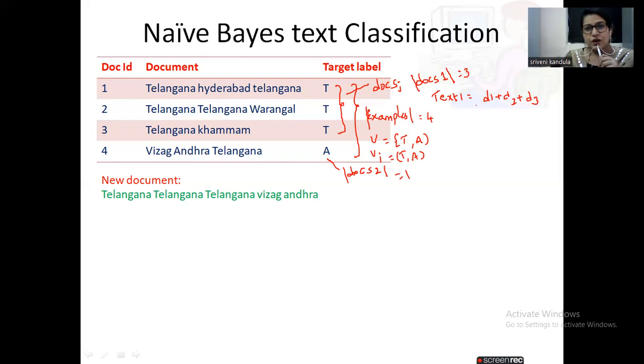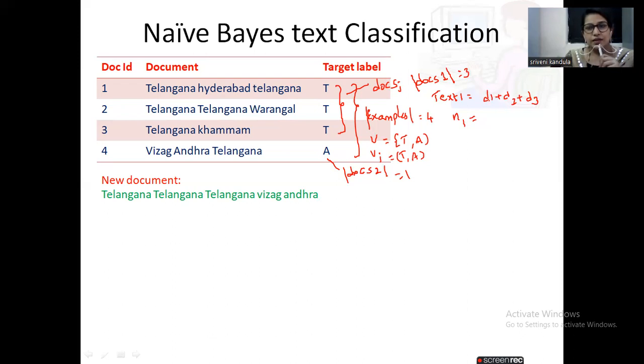Now if you observe the number of words that you have in this text 1, let us take it as n1. So n1 is the number of words that you have. Here in this example we have all words only. Actually it need not be a word, it can be a token. That means it can be a number or any special symbol.